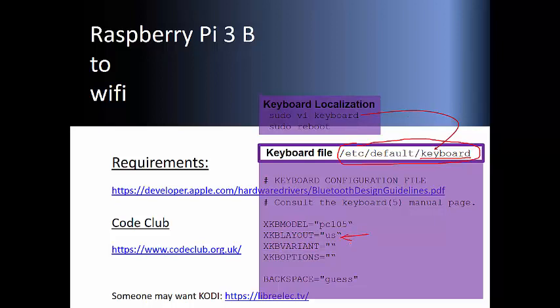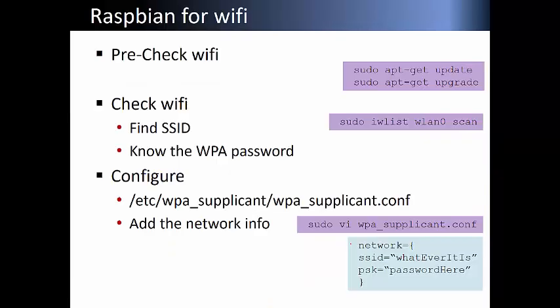Then it works. That's the same as you click some of those. Network. If you go to this etc, okay, and then wpa_supplicant, this is a folder, right? A directory. There is a file called wpa_supplicant.conf.